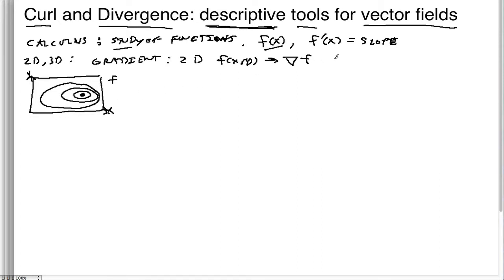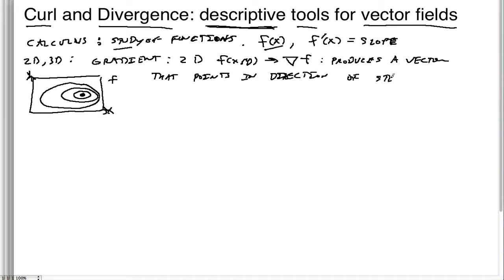And the idea of a gradient is that it produces a vector that points in the direction of steepest ascent.